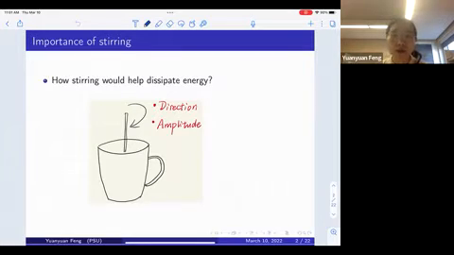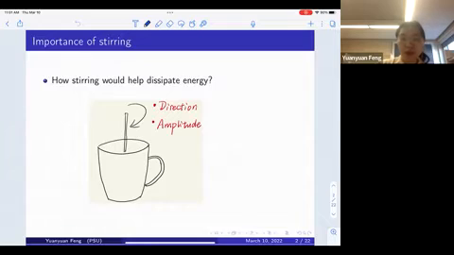One thing is the direction of the velocity. You can imagine moving the stirring stick circularly would bring a better effect than just moving the stirring stick up and down. Another factor is the amplitude of the velocity field. Intuitively, the larger the velocity field is, the better result it would bring.